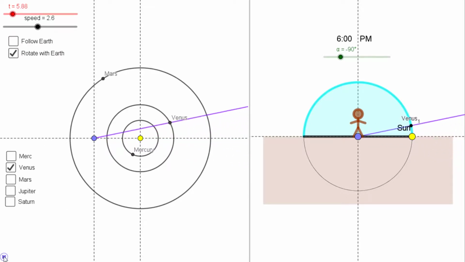And by the way, if you were to observe Venus at this part, any time when it's here beyond the sun, the sunlight is lighting up more or less the same face that you're observing. So if you look at Venus in a telescope, it's going to appear more or less full. It'll be gibbous, basically. So you see most of the disk, just a little bit flattened on one side.